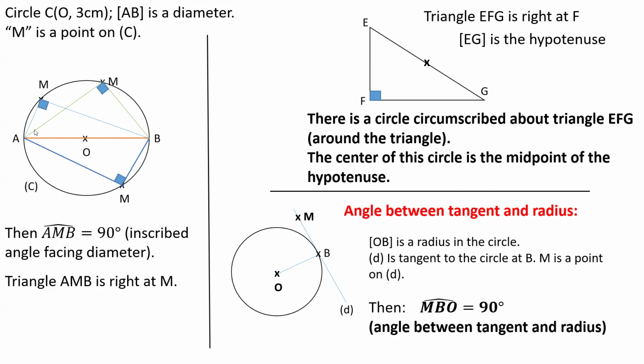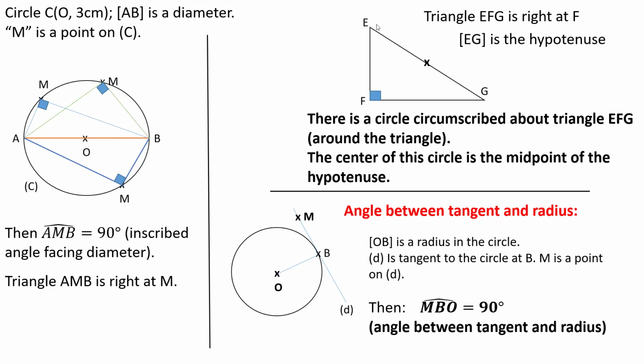Then triangle AMB is right at M. Also, if we take M here, angle AMB equals 90 degrees because it's an inscribed angle facing a diameter, or down, it's the same. So triangle AMB, wherever M is on the circumference, since AB is the diameter, the angle is equal to 90 degrees, and the nature of triangle AMB will be a right triangle.